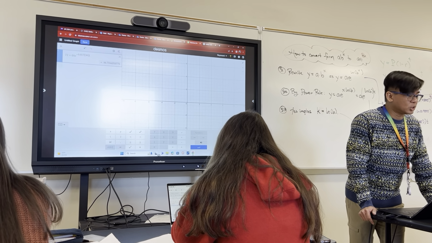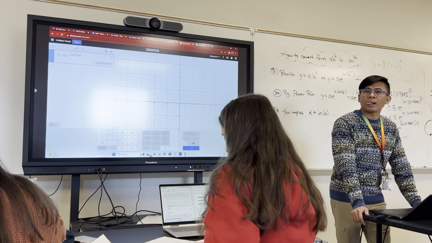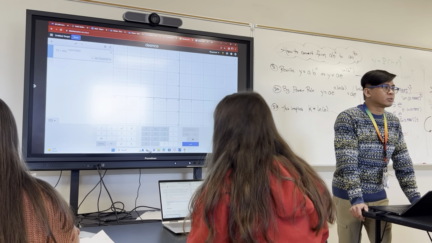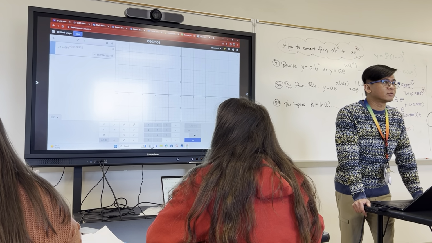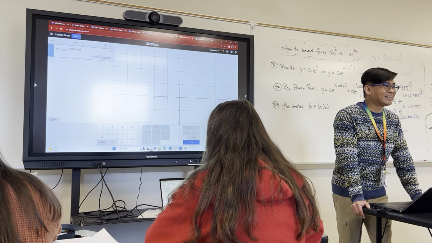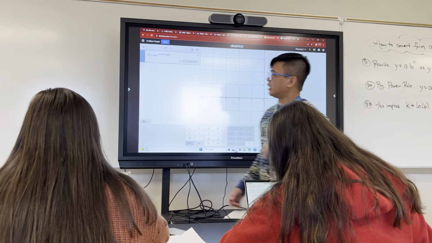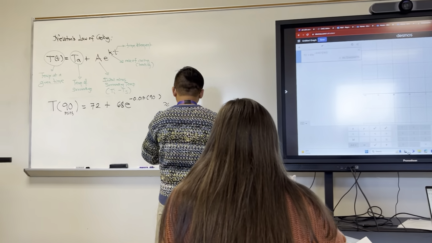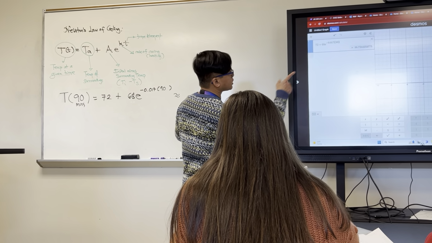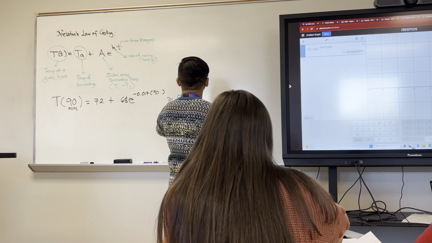So in short, after 1.5 hours, what is the temperature to the nearest degree? Kinsey, 86 or 87? 87. 87 degrees. So again, after 90 minutes or 1.5 hours, it would be 86. Well, 87.